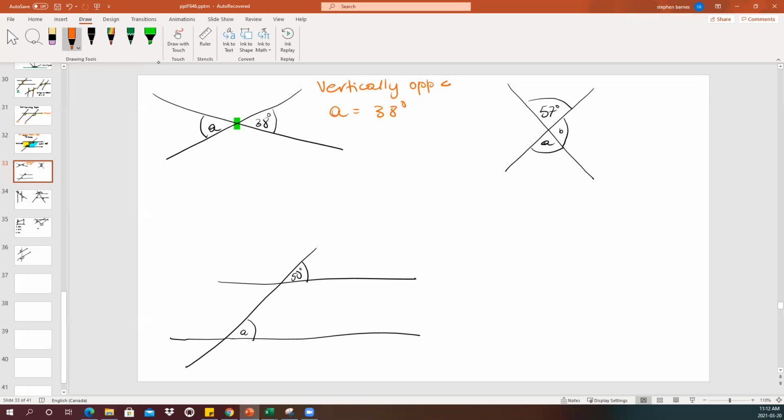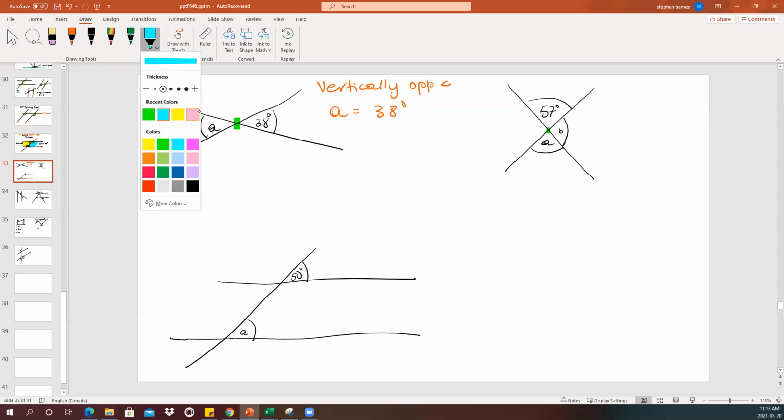So let's go to the other one over to our right. Again, angles around a point. We're asked to find A and B. I'm going to find A first.